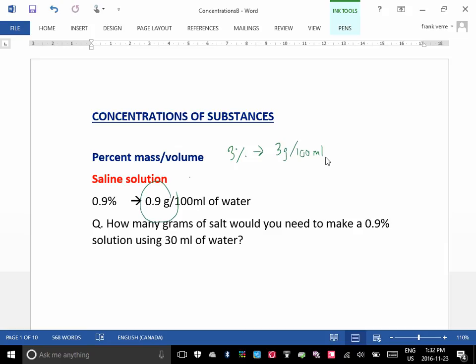A saline solution of 0.9%, that's the concentration of solute in your blood. So if you've ever been to a hospital and someone is getting an IV and you see it says saline solution, it's 0.9%. What you want to do is give someone the same concentration of solutes that the blood already has.